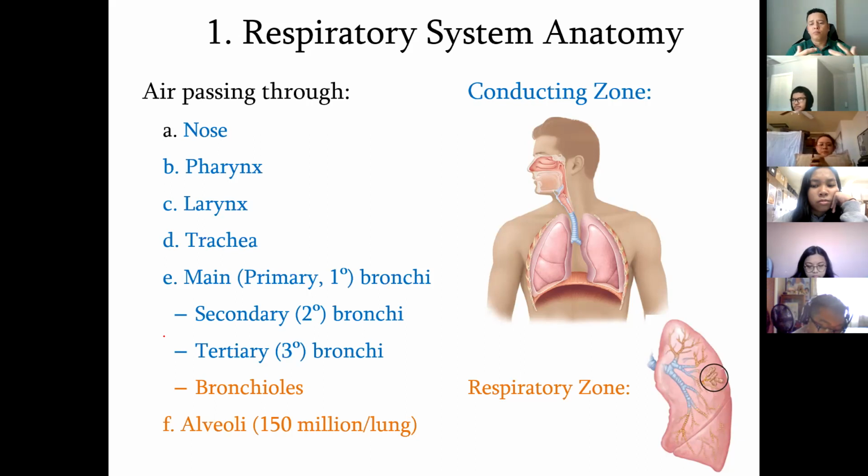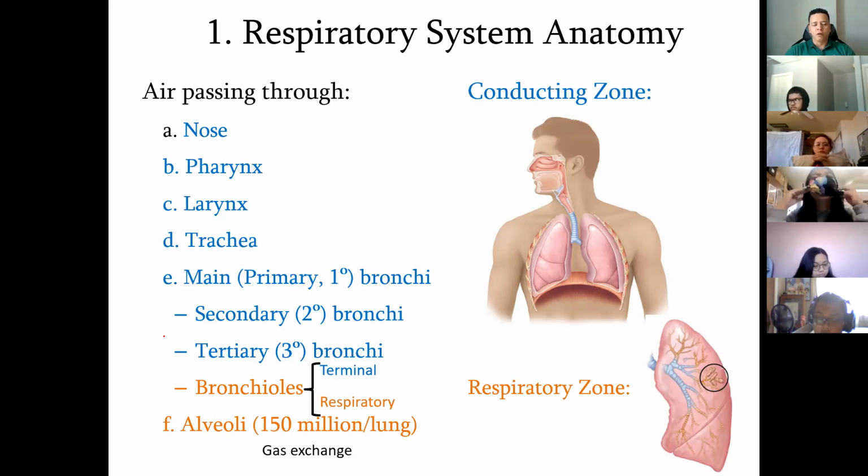Conducting zone is a very appropriate name for the structures because all the structures here that are shown in blue, including the terminal bronchioles, all that they are doing is conducting the air from one point to another. They're passing along the air from one point to another, okay? It's not going to be until we get deep inside of the lungs in what we call the alveoli that we're going to have a gas exchange.